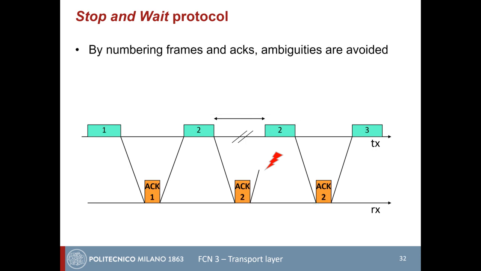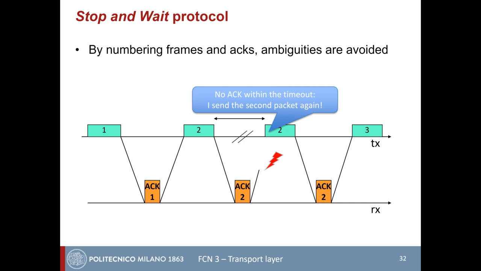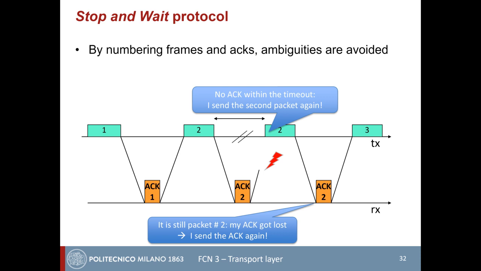So what happens when you have numbered the ARQs and packets? Same case. The sender sent packet number 2. The packet is received correctly, and ARQ number 2 gets lost. So the sender starts retransmitting the same packet, again number 2, after the expiration of the timeout. But now the receiver is able to understand that packet number 2 has been transmitted twice.